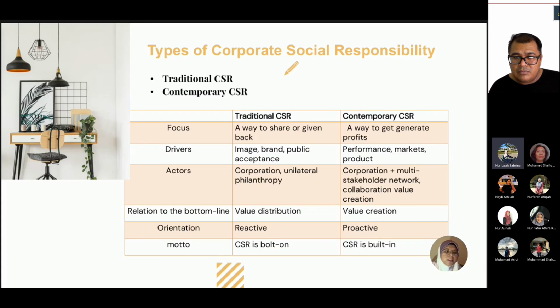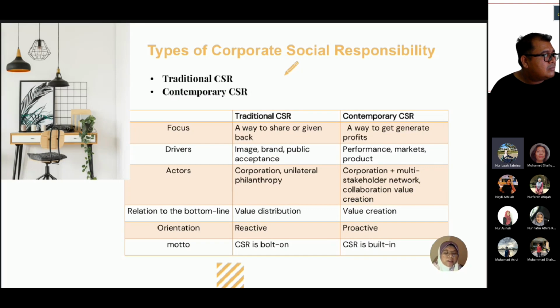For contemporary CSR, drivers are performance, markets, and products. Next is traditional CSR actors: corporation, unilateral philanthropy, and the contemporary CSR actors: corporation plus multi-stakeholder network, collaboration, value creation.